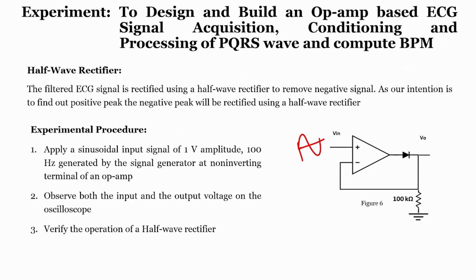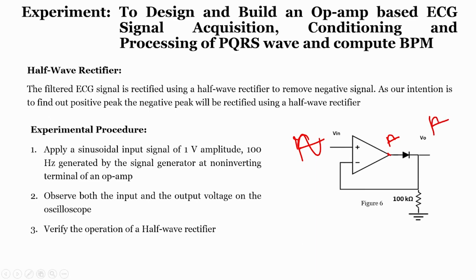To understand the circuit, for example, if the input is a positive peak, what is supposed to be the output? It should also be a positive peak. Because of this positive peak, the diode will be in forward bias condition, so we will get a positive peak.